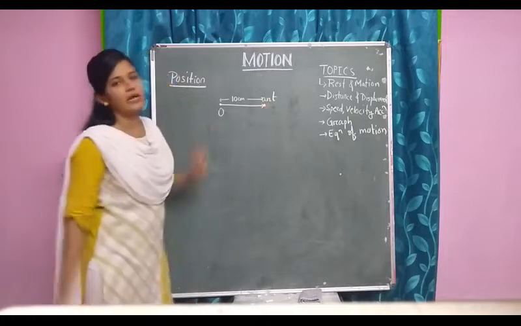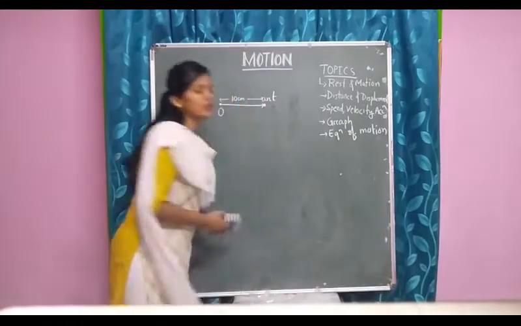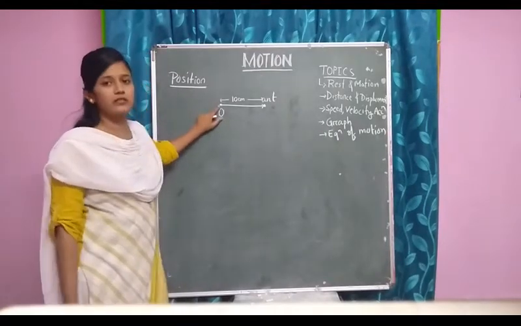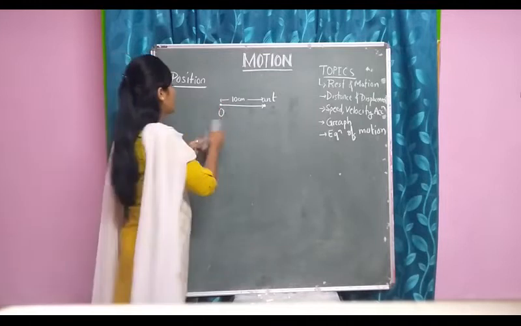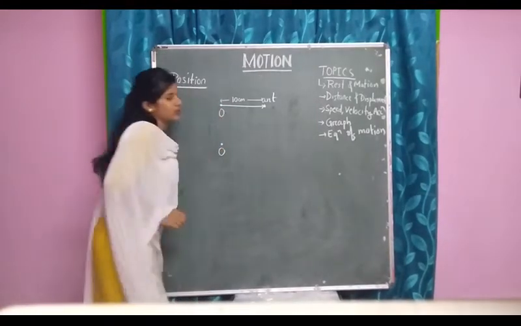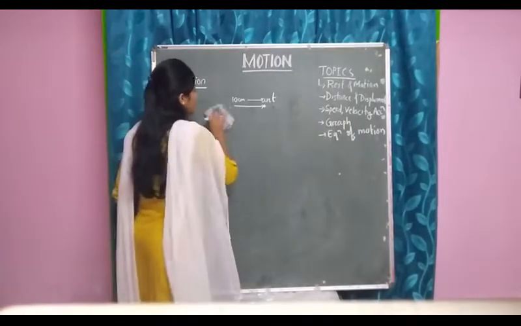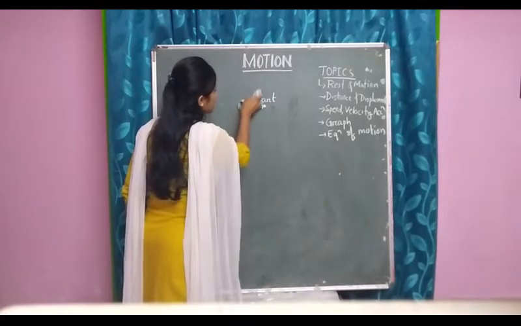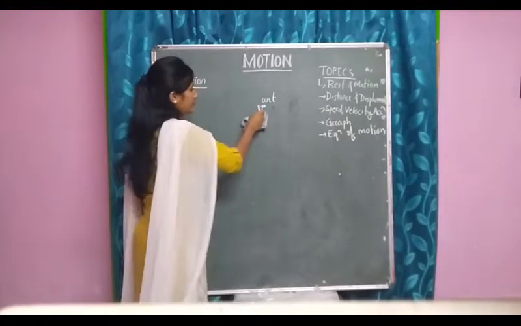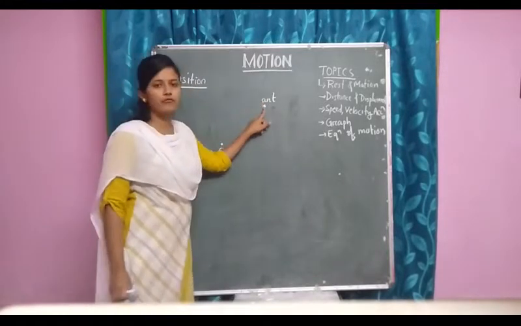position of this ant. Suppose another person does not take this point as the reference point. Suppose for him this one is the reference point. If that becomes the reference point, then the position of the ant will be different. So how will we define the position of this ant?